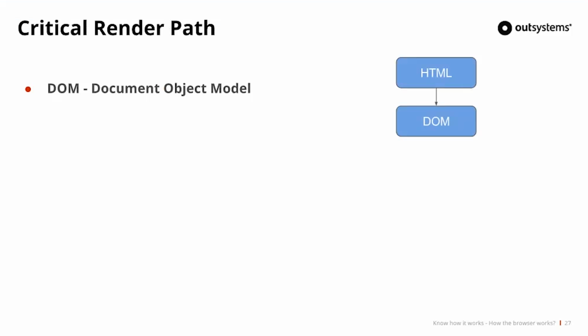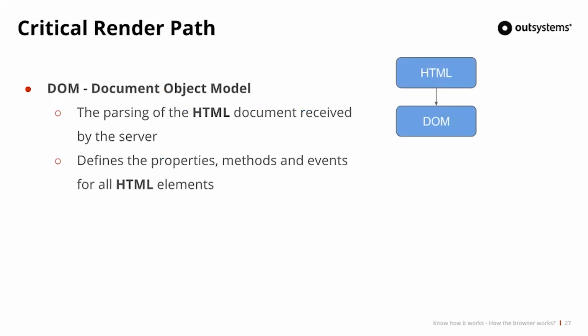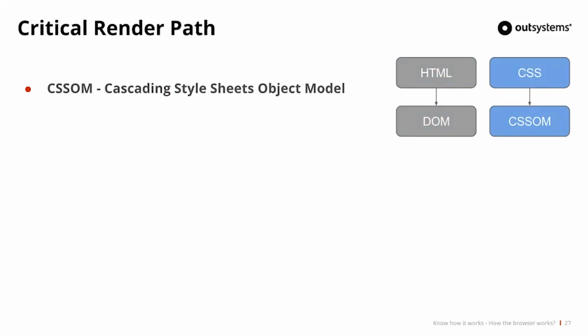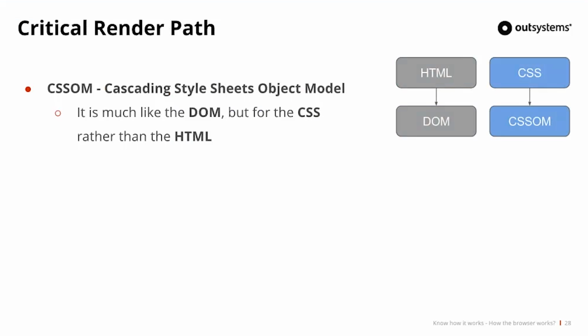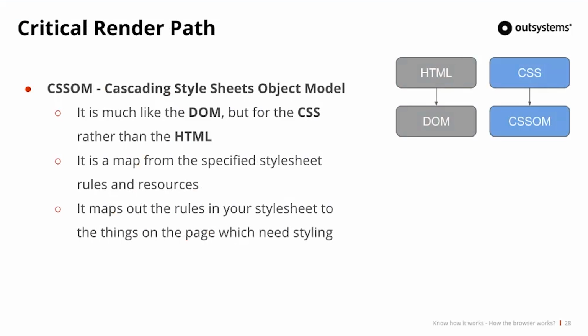So, the critical render path. Well, you have the document object model, which is the parsing of the HTML received from the server. It will define the events, the methods, the properties of each one of those elements. In parallel with this, we also have the CSS object model. No one talks about it, but it's very important. It's very similar to the DOM, but we have the style sheets and the rules applied to those elements.